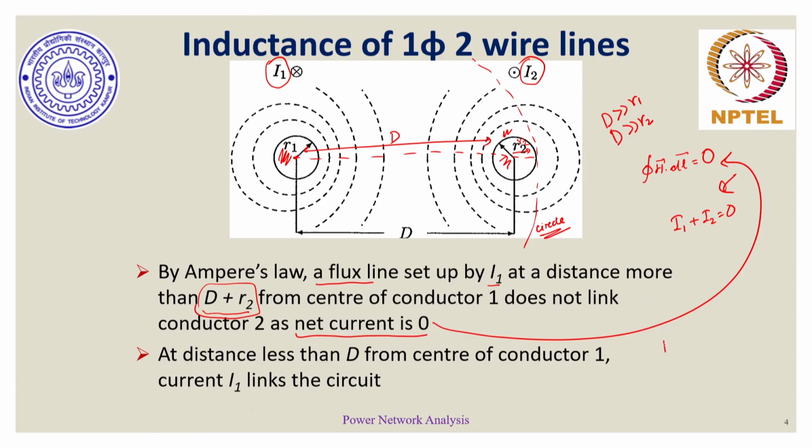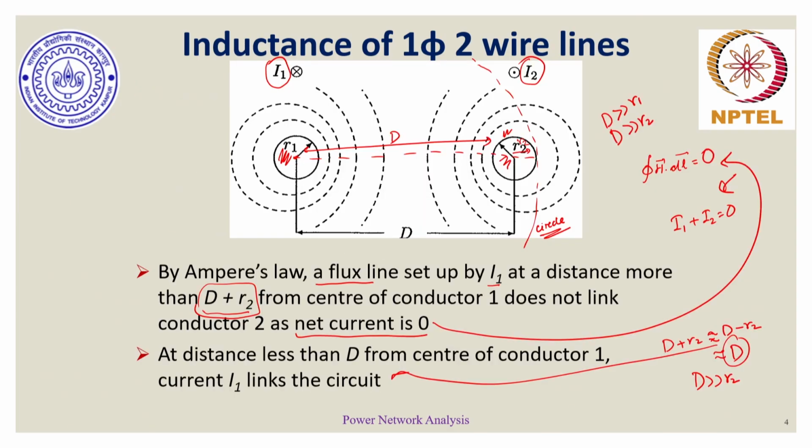And since d plus r2 or d minus r2 is approximately equal to d, because d is much larger than r2 and r1, that's where this distance d is coming into consideration.